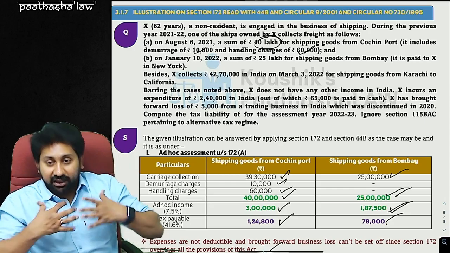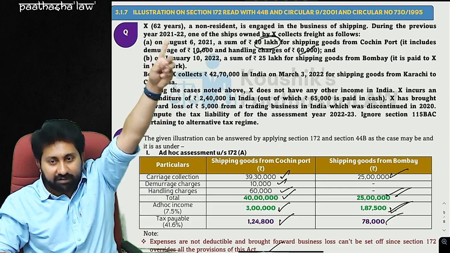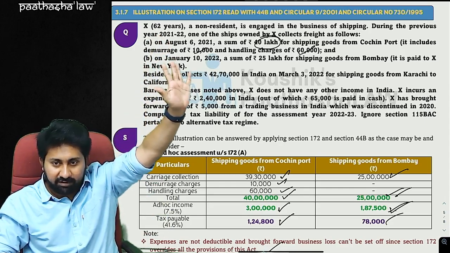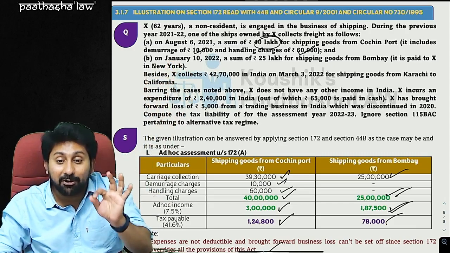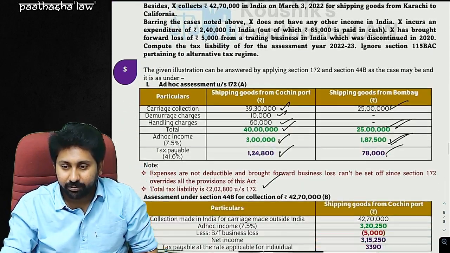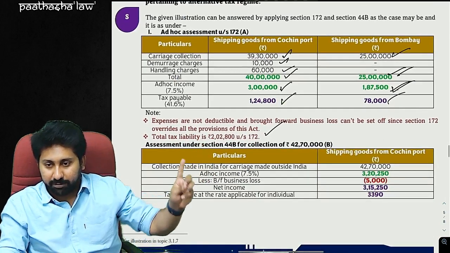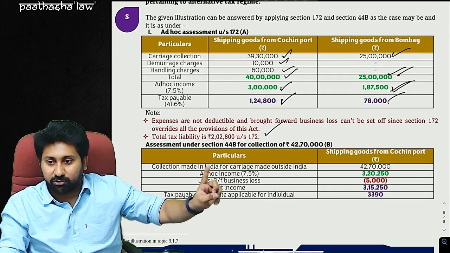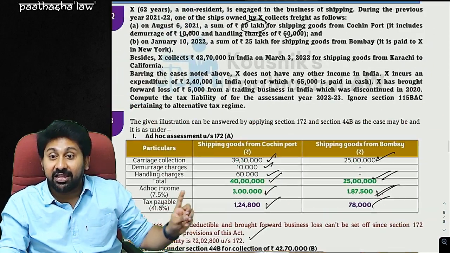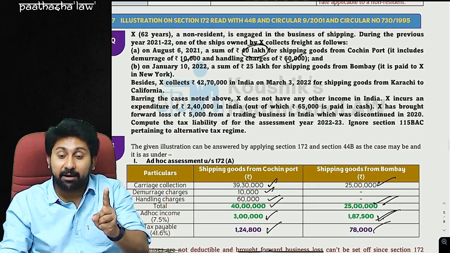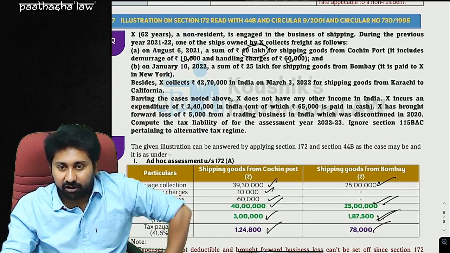Therefore, I will be having for point A 172, point B 172. For this point, you have to mandatorily apply only 44B. So 44B, collection of carriage made outside India, 42,70,000, ad hoc income 7.5. Here I can apply for set off and carry forward.